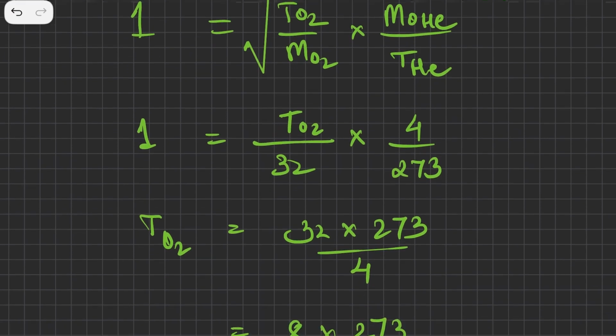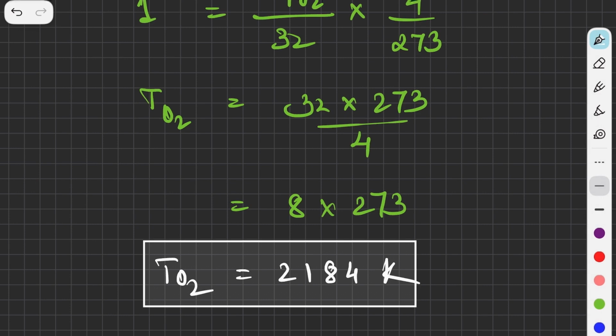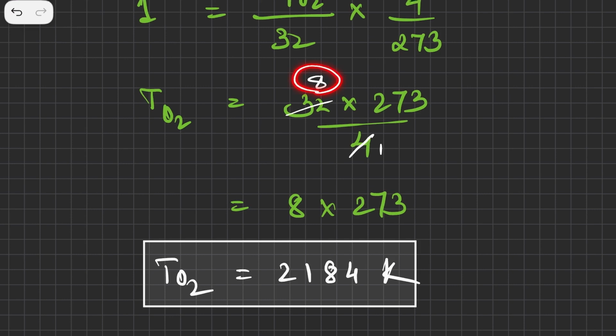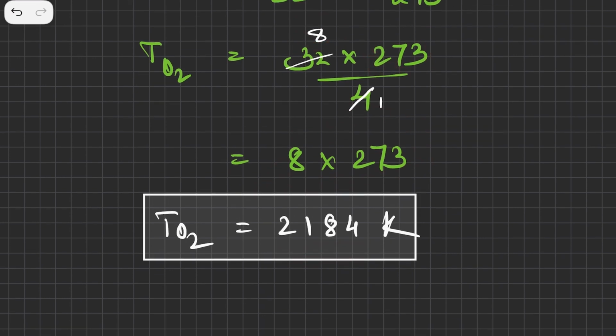Now I'll take this 32 and 273 to the other side. So 32 into 273 goes to the numerator and this 4 comes to the denominator, so that's divided by 4. Then I've cancelled, 4 ones are 4, and 4 eights are 32. What remains is 8 times 273. If I multiply that, I'll get 2184 Kelvin, which is the required answer.